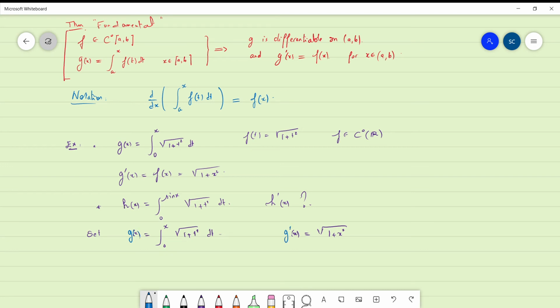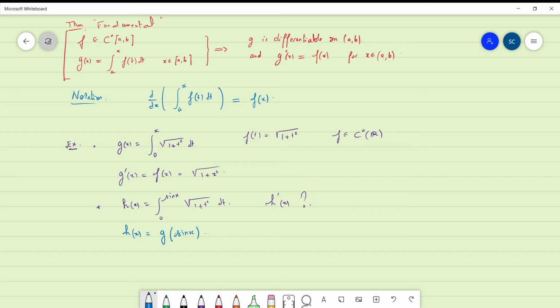We already did that, so we don't need it. Then I can express h as g at sine x.